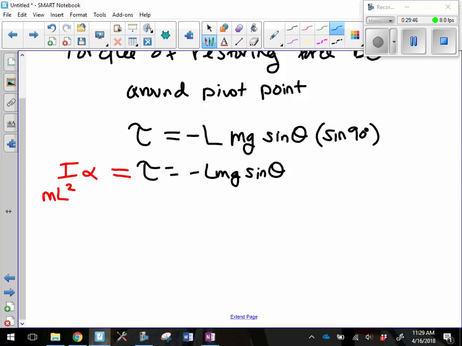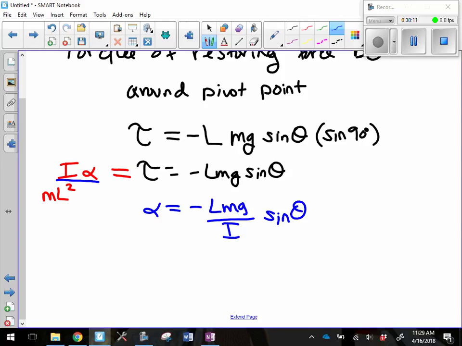Okay, so we could say, if we stick with the I alpha for a minute, that alpha was equal to negative L m g over I times sine theta, which we're going to come back to in a couple minutes, which is why it's important.